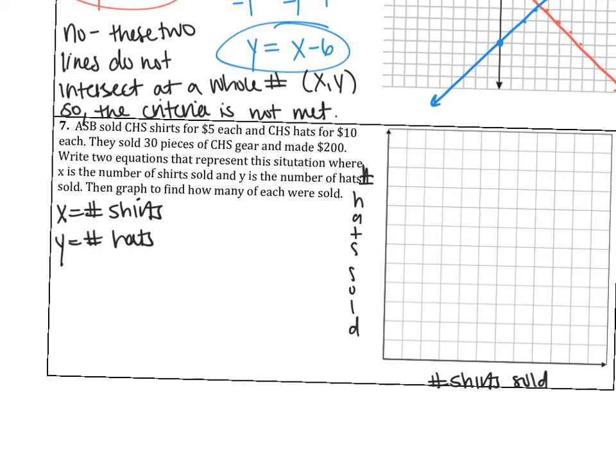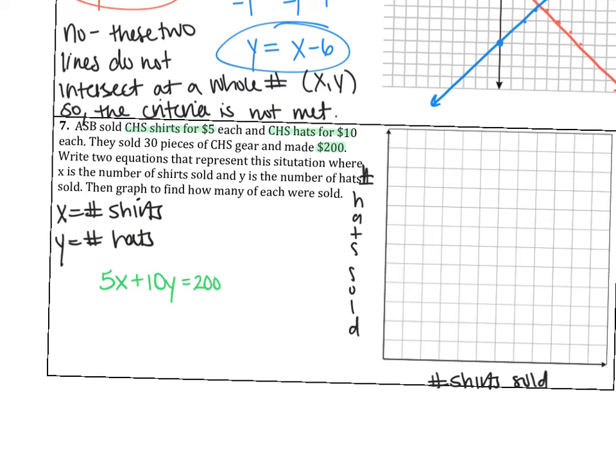Okay, so I have two pieces of information here. ASB sold these shirts for $5 and hats for $10, and they made $200. So in this equation, I sold shirts for $5 each and hats for $10 each, and I made $200.